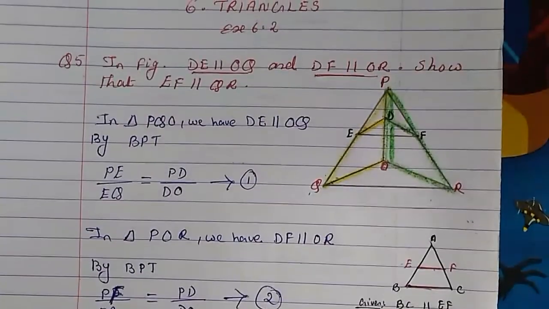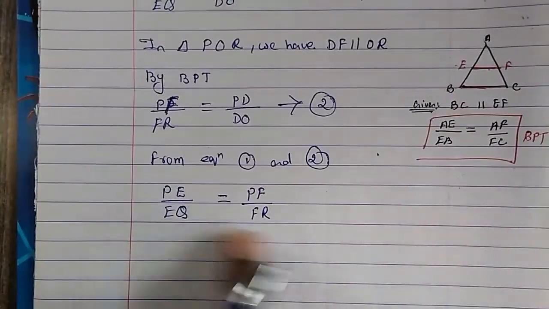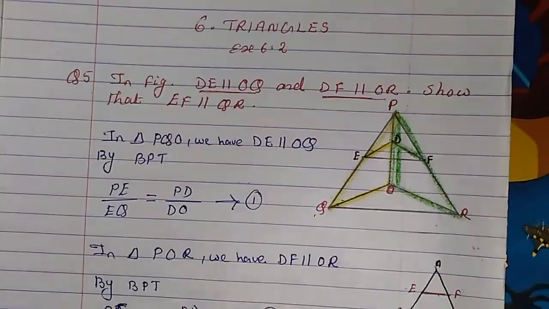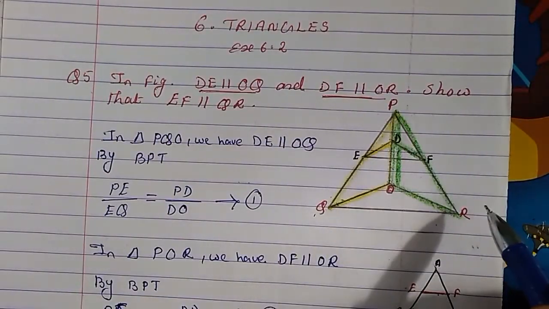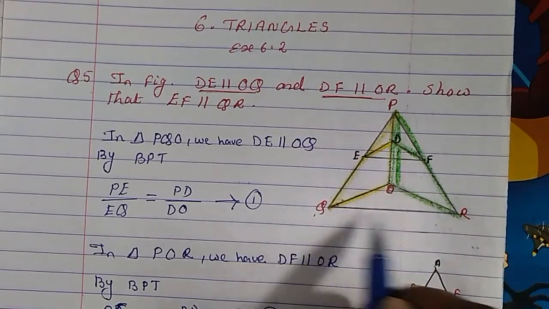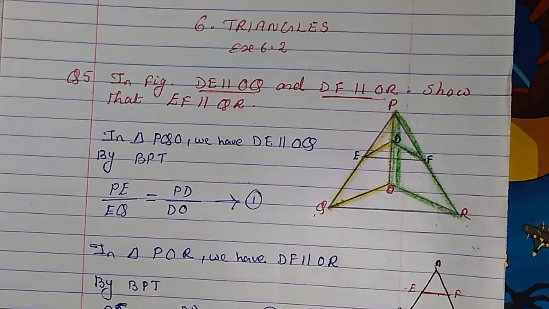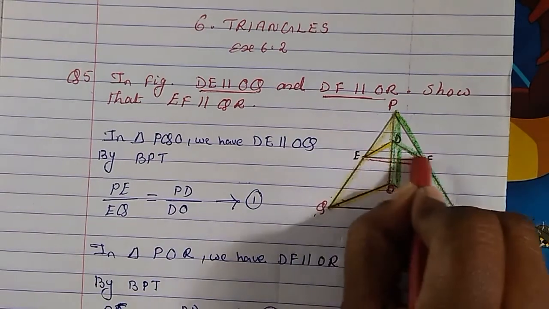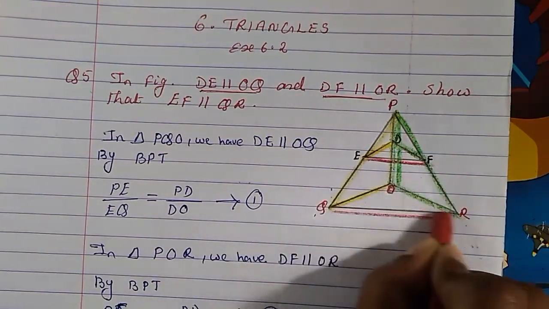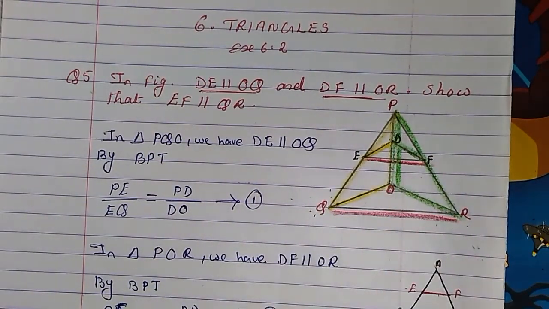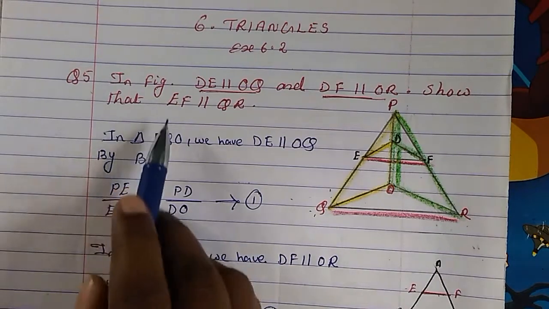So here the ratios are equal, you see. We have proved that the ratios are equal. So EF is parallel to QR.